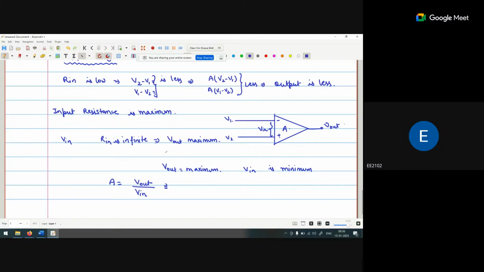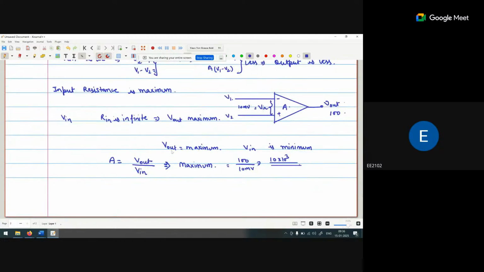And that value should be maximum. For example, I apply V in equal to 10 millivolt, and I am getting V out equal to 100. So what is the A? 100 upon 10 millivolt, so it is 10 into 10 to the power 3, a higher value.